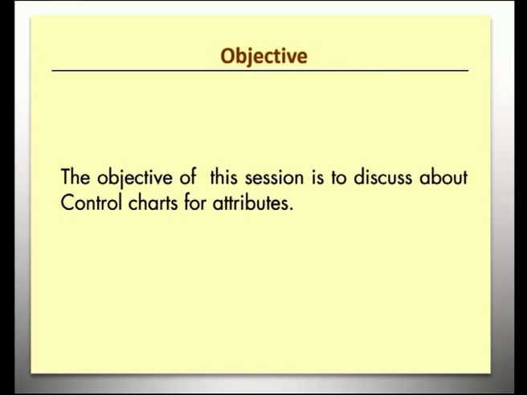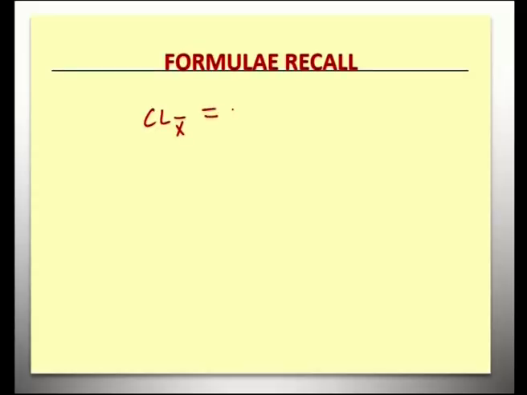A formula recall is necessary before we step into the study of control charts for attributes. In a nutshell, we studied the upper control limit UCL, lower control limit LCL, and central line formulas for x bar chart and r chart. For the x bar chart, whatever be the condition, whether mu and sigma are known or unknown, the central line is x bar bar, that is the grand mean.